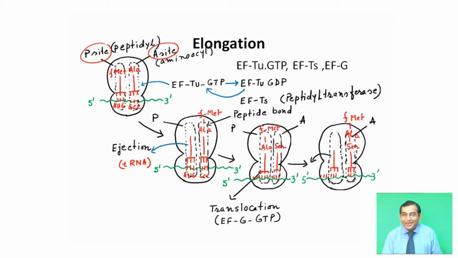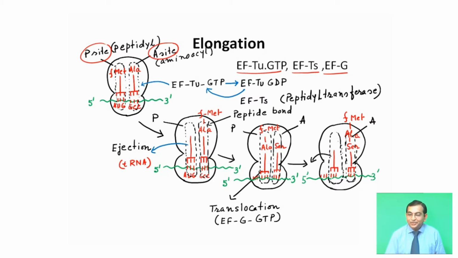So there are three elongation factors. One is EF-Tu-GTP, another is elongation factor EF-Ts, and the third is elongation factor EF-G. Elongation factor EF-Tu-GTP is converted to EF-Tu-GDP, which is the inactive form.